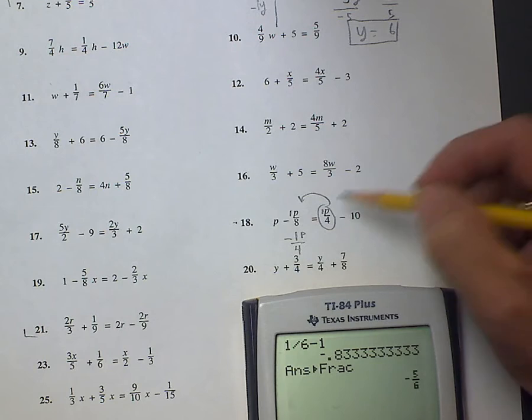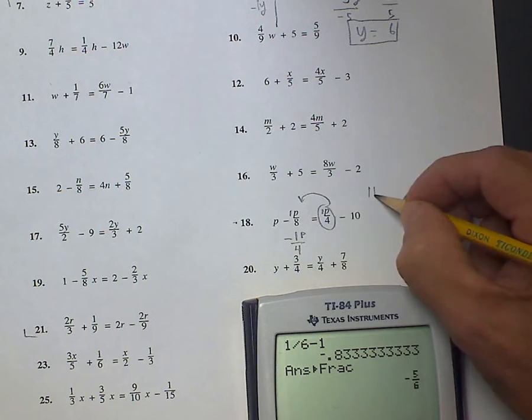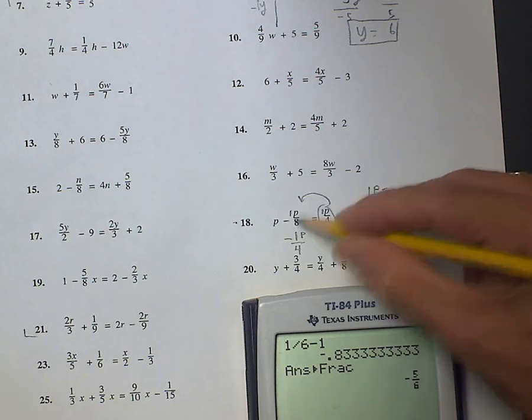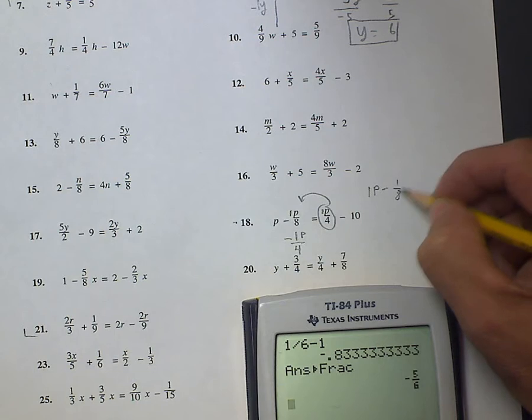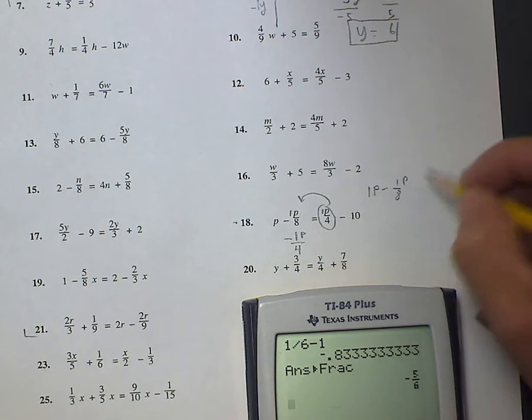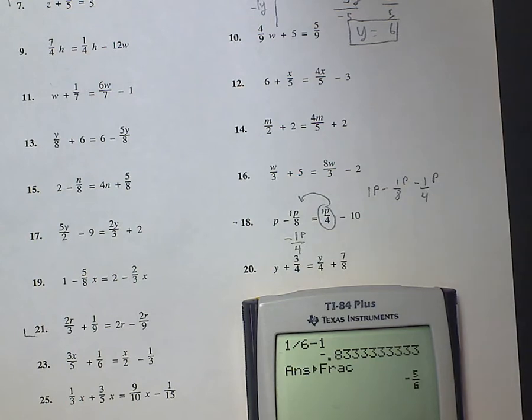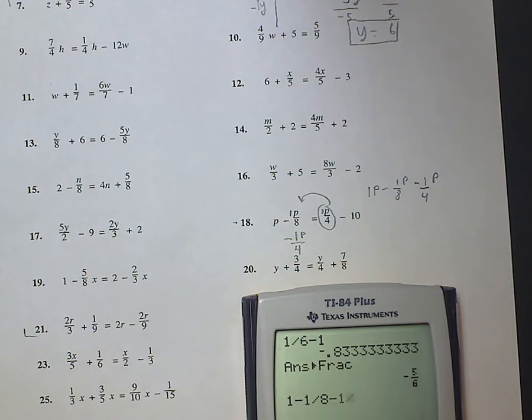So what I really have is 1p minus that 1/8 p minus that 1/4 p right there. I'm just counting how many p's I have, right? So 1 minus 1/8 minus 1/4. Use your calculator: 1 minus 1/8 minus 1/4.